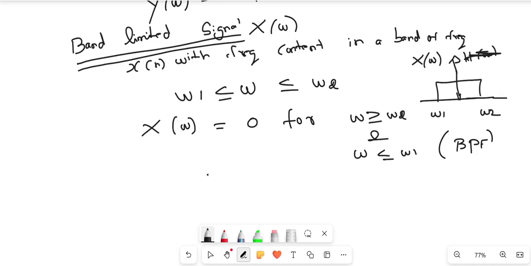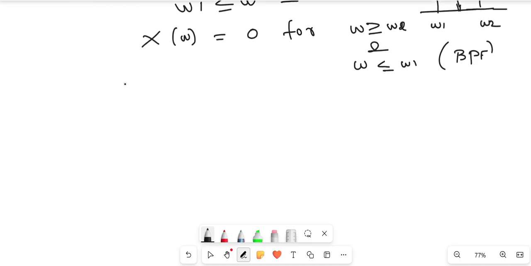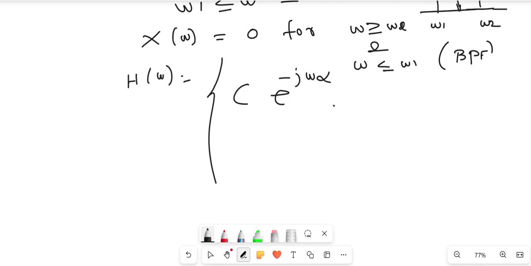Suppose this X of omega is passed through this filter with the frequency response H of omega equal to C into e power minus j omega alpha. What is the omega range here? Greater than or equal to omega 1 and less than or equal to omega 2, 0 otherwise.